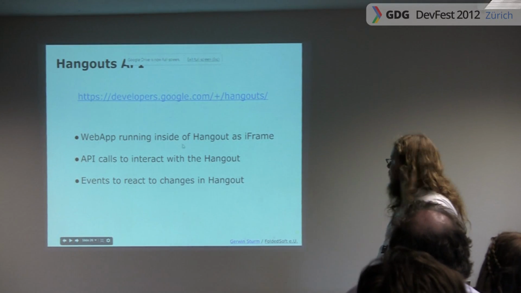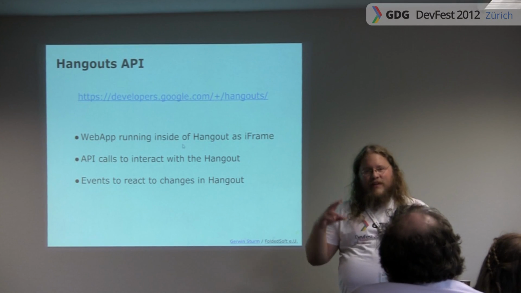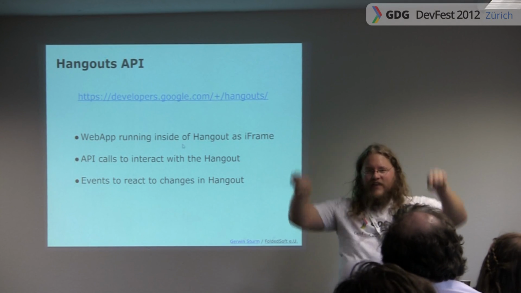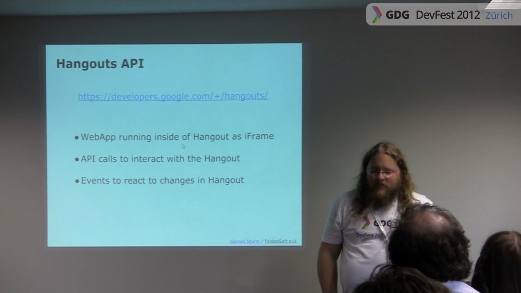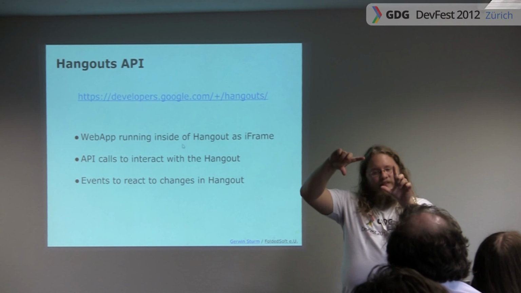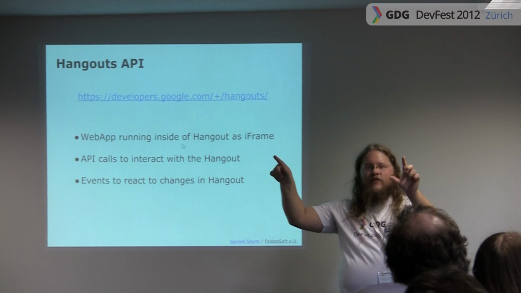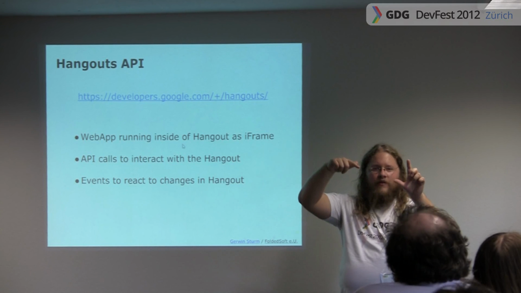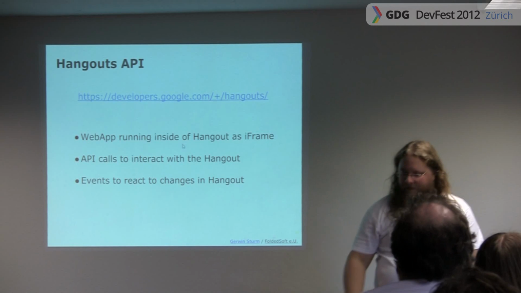What the Hangouts API does is it just renders the web app inside of an iframe, inside of the Hangout, which already consists of many iframes. And from inside this iframe where your web app is run, you have an API to call outside to the Hangout to do stuff and call back to request information from the Hangout, which is running outside.